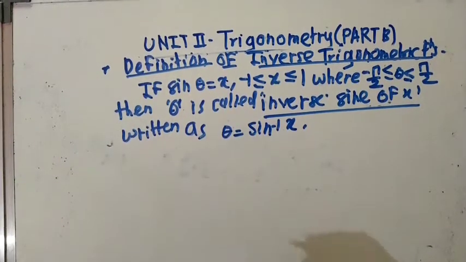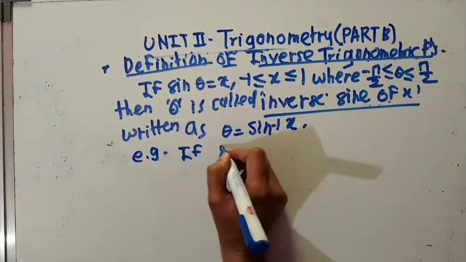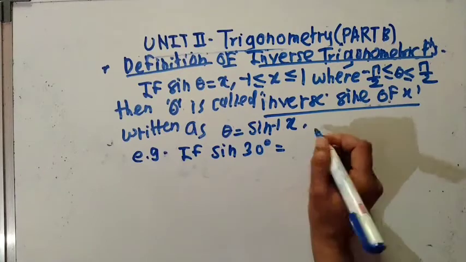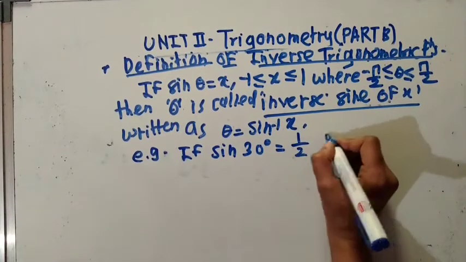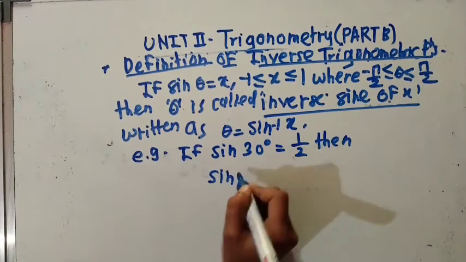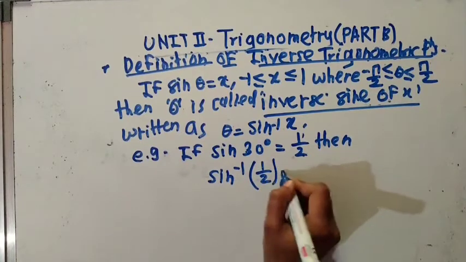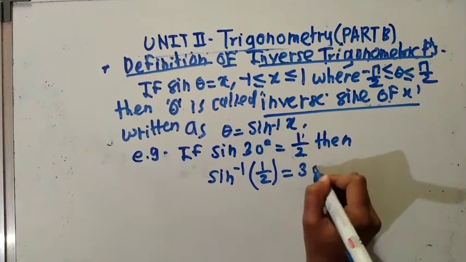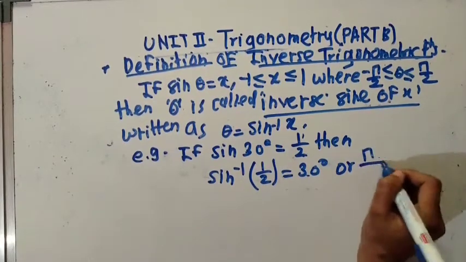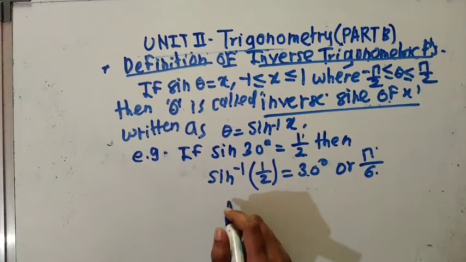For example, suppose sine 30 degrees is equal to 1 by 2, then sine inverse of 1 by 2 is equal to 30 degrees, but 30 degrees is pi upon 6, since 180 upon 6 is 30 degrees.